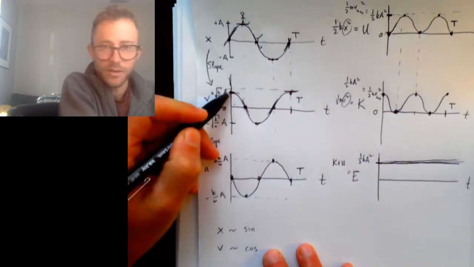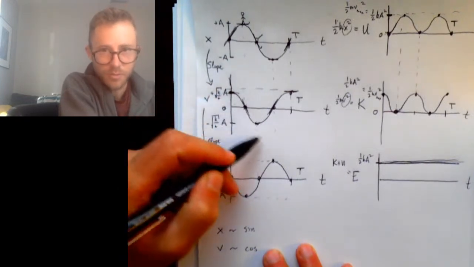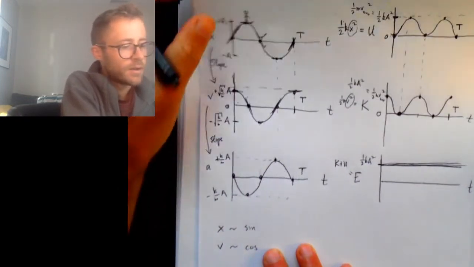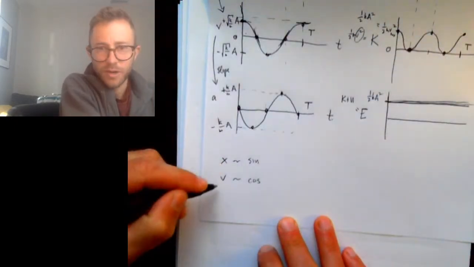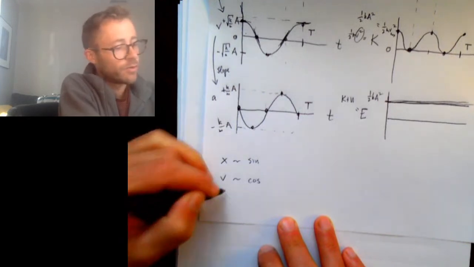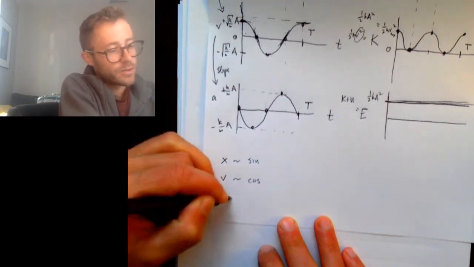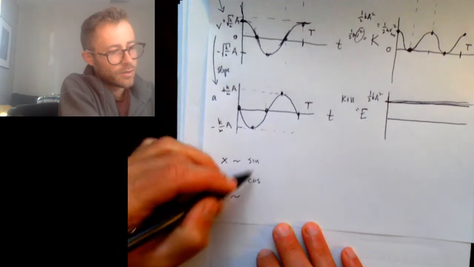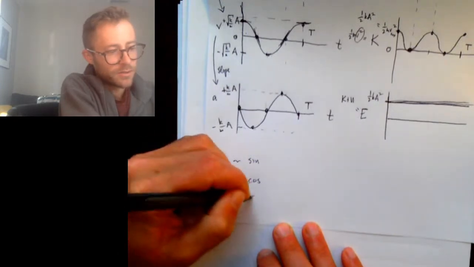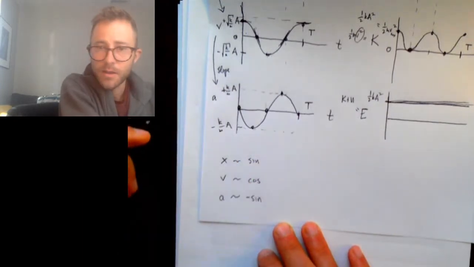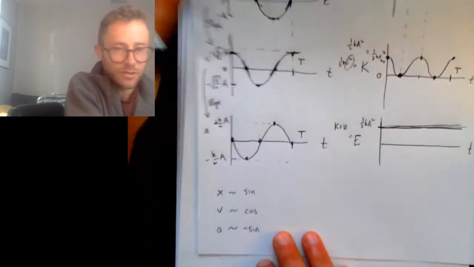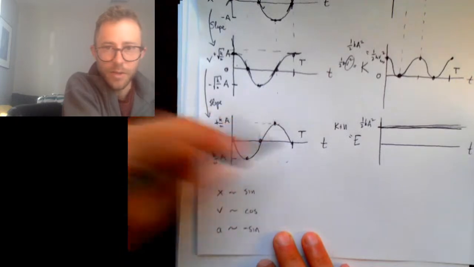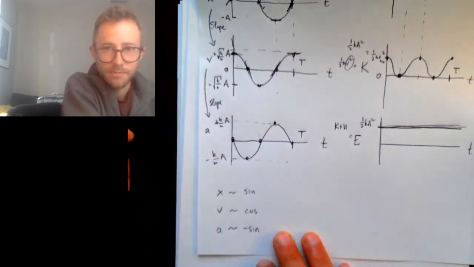It starts out at a high value and it drops. Okay? Similarly, to go from position to velocity, you take the derivative. To go from velocity to acceleration, you take the derivative again. The derivative of cosine is minus sine. Okay? And you can see that this is indeed the shape of the minus sine graph.